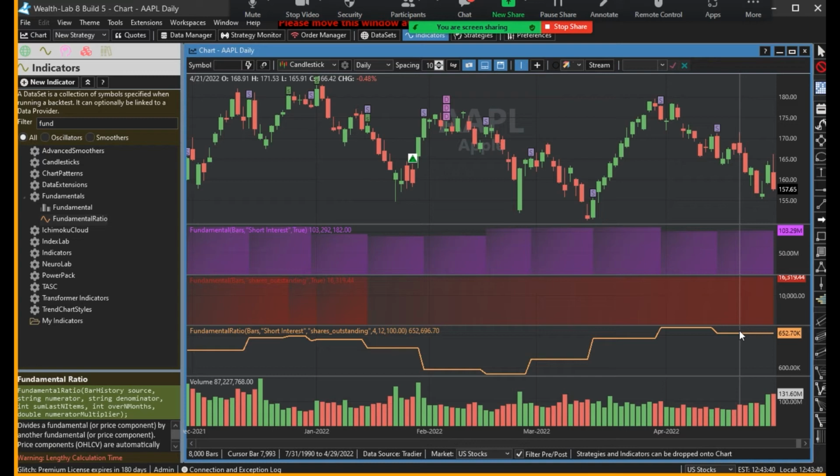This way we will create an indicator that we can use to identify possible candidates for the short squeeze, which would be stocks with high short interest, and all stocks must be compared, so it should be percent.